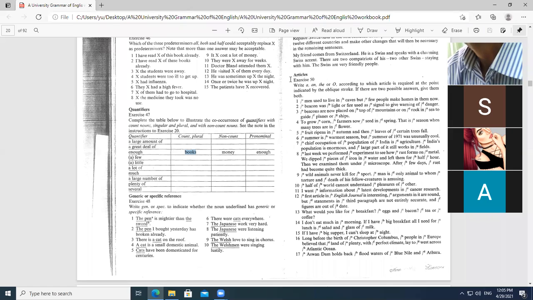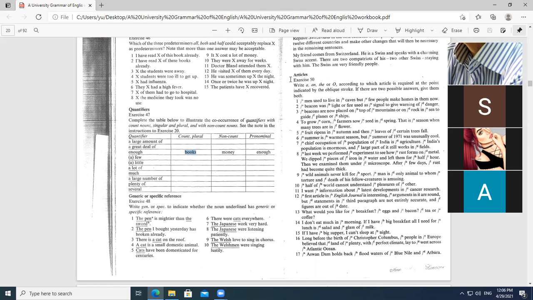Beacons are now placed on top of mountains or on a rock in the sea to guide planes or ships. Beacons are now placed on top of mountains.